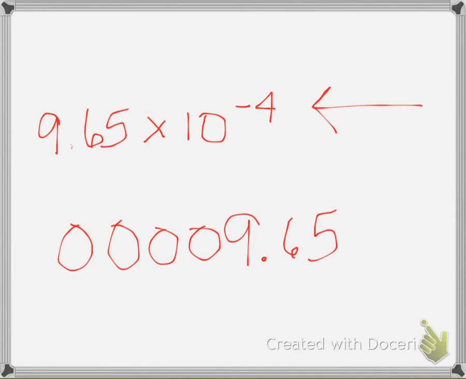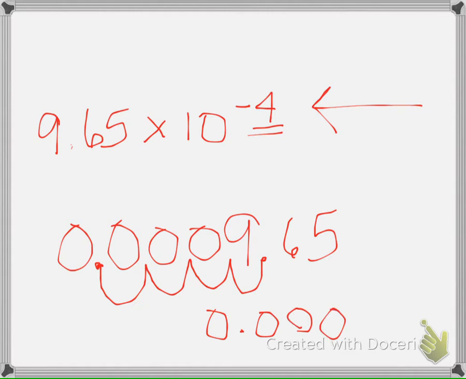How many times? 4. So here we go: 1, 2, 3, 4. And that's where our decimal is going to be for our new number. So our number is really 0.0000965.